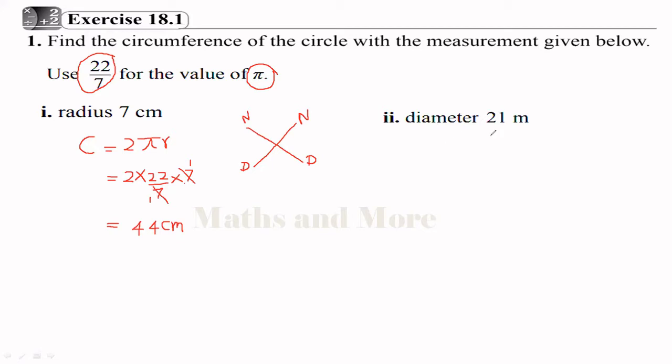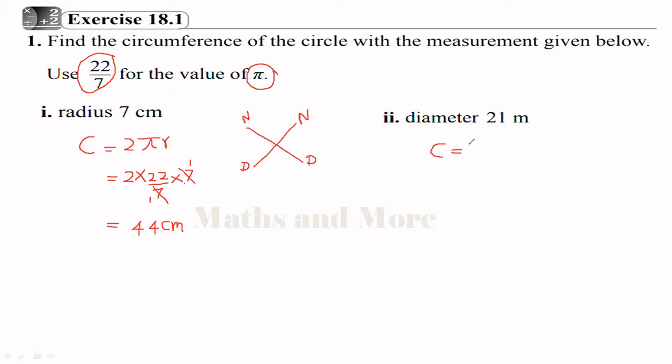Now let's see when the diameter is given. Diameter is 21 meters. Now let's use the other formula, not this one. What is the other formula? C equals pi D. Not 2 is there. If radius is given, then diameter equals 2r, so 2 pi r.